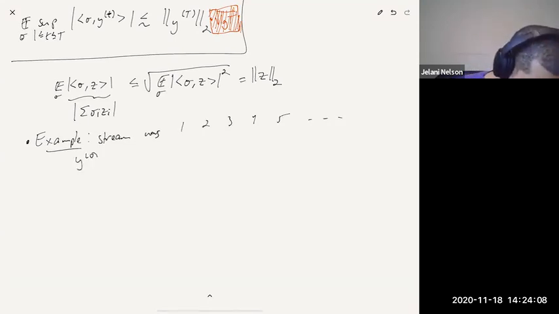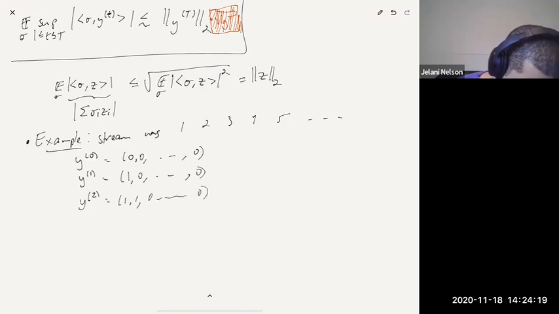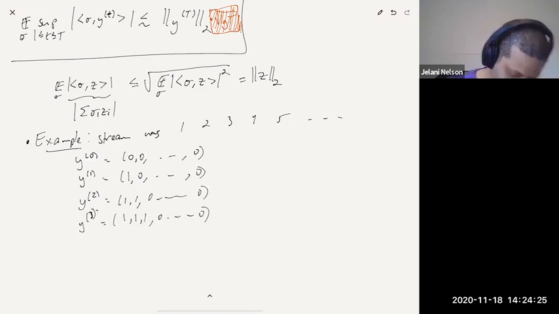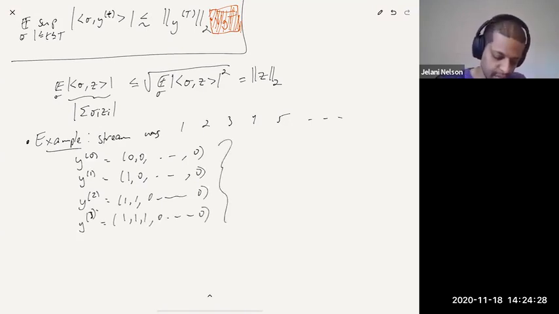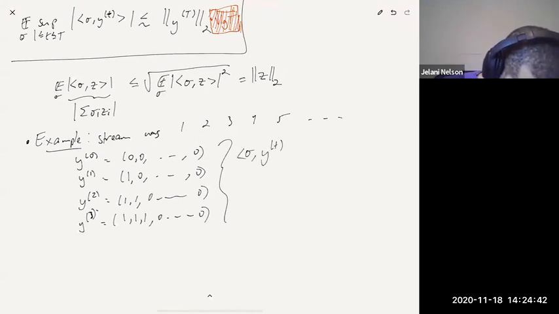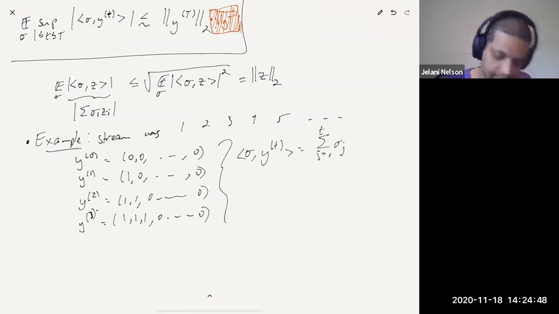That means that y_0 is the 0 vector, y_1 would be 1, 0, y_2 would be 1, 1, 0, etc. So if you look at sigma dot y, sigma dot y_1 is going to be sigma_1. So sigma dot y_t is going to be equal to the sum over j from 1 to t of sigma_j.